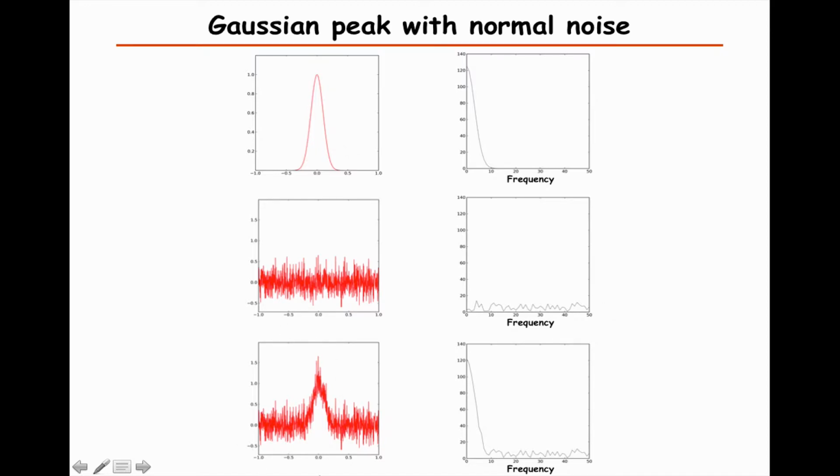If we add them together, we get a noisy peak, with all the frequencies overlaid onto the frequencies that correspond to the Gaussian signal. That's what we are now going to try to do: recover the original signal.